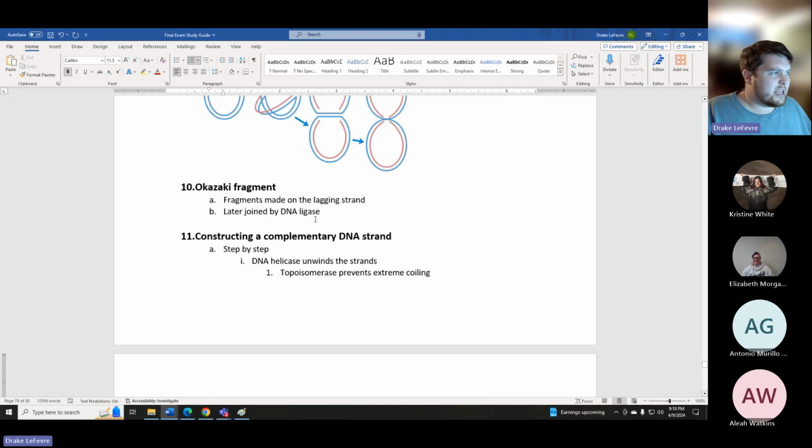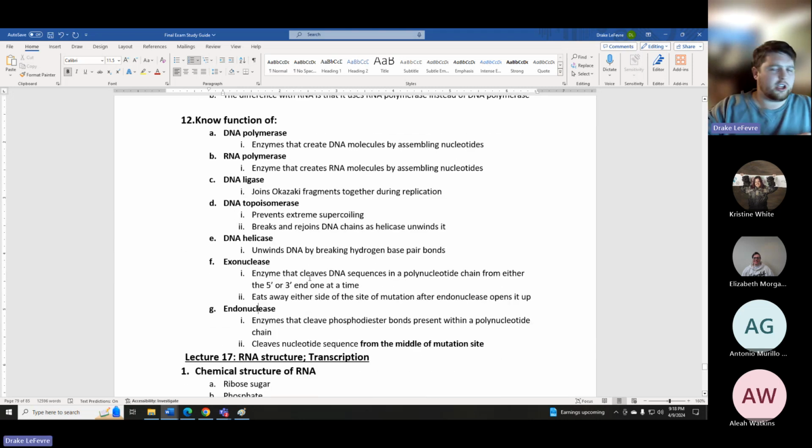Topoisomerase, I explained this last week. When you take a string or a rope that has multiple parts in it, you start to pull it and separate the two mini coils of rope or string that make up the bigger coil.